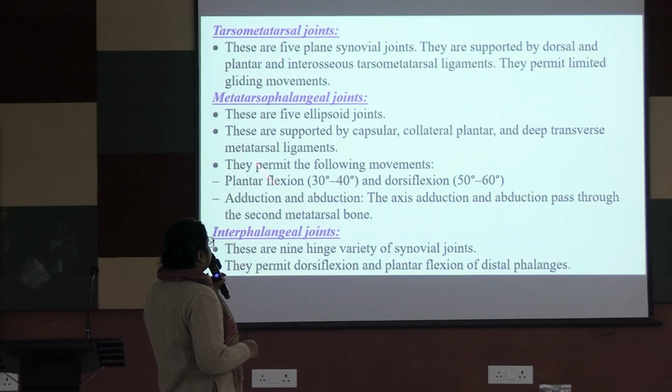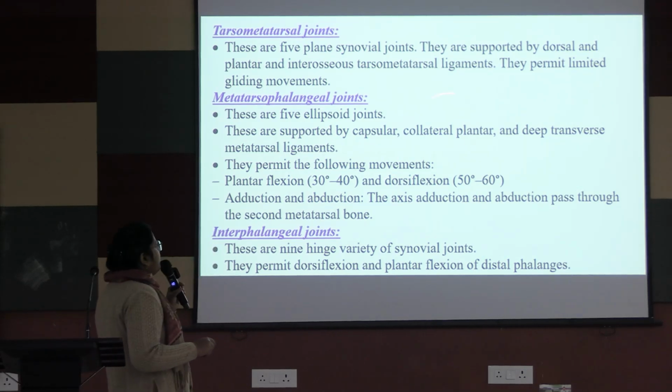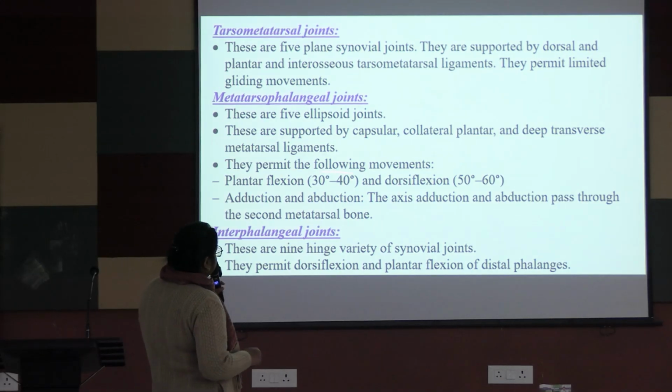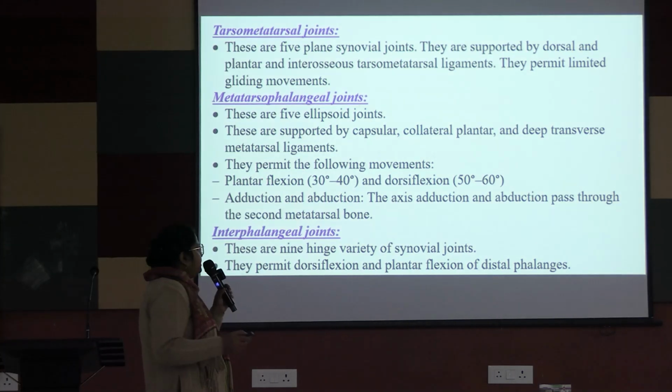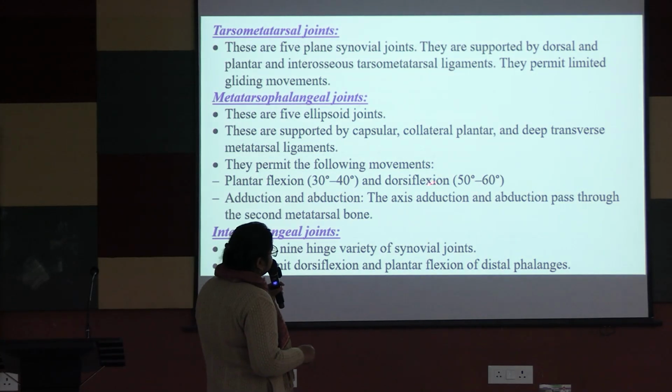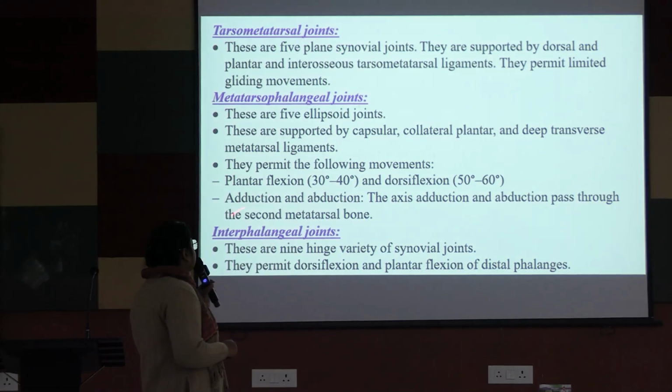These are 5 ellipsoid joints, supported by capsular, collateral, plantar and deep transverse metatarsal ligaments. They permit the following movements: plantar flexion, range about 30 to 40 degrees, and dorsiflexion about 50 to 60 degrees. Adduction and abduction: the axis of adduction and abduction passes through the second metatarsal bone.